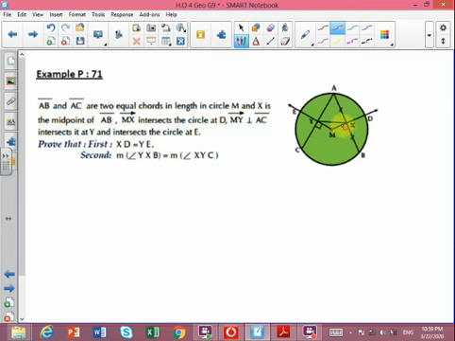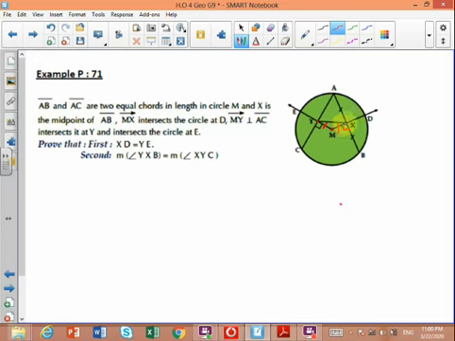So MX will be perpendicular to AB. Since the two chords are equal, and MX is perpendicular to AB and MY is perpendicular to AC, this is our lesson today, our theorem: two equal chords, and the perpendicular distances, so MX will be equal to MY.